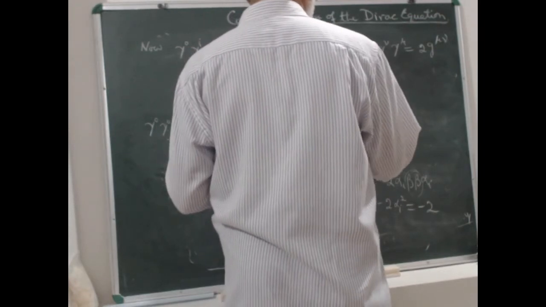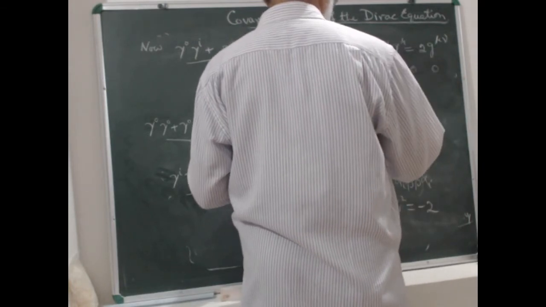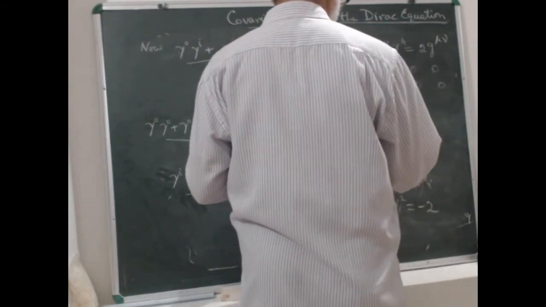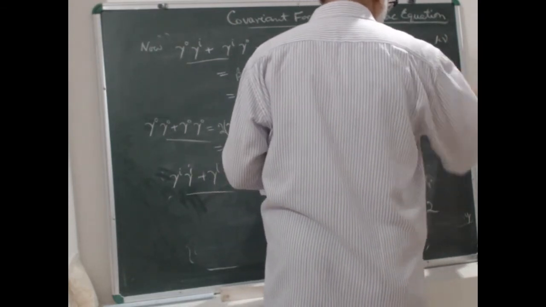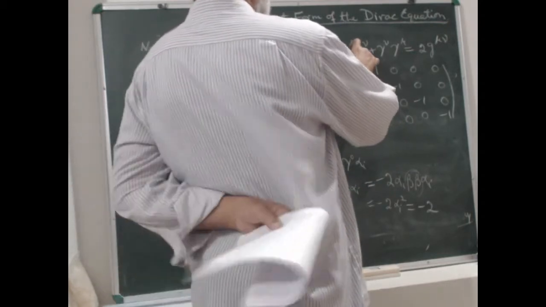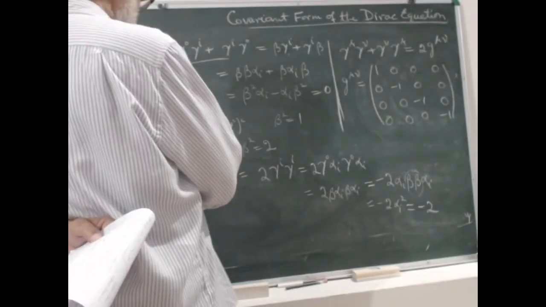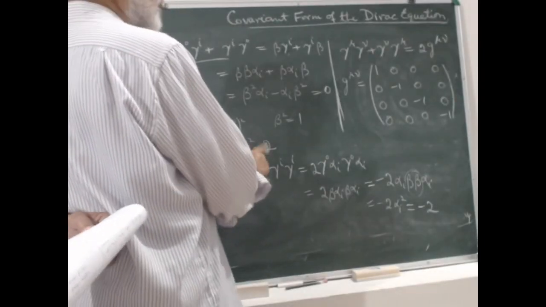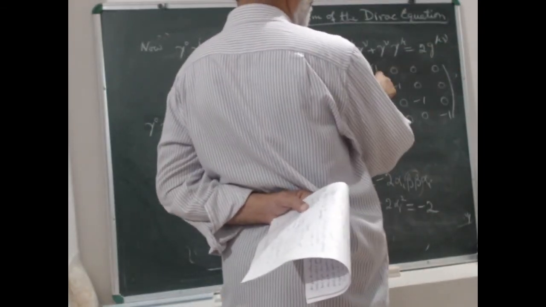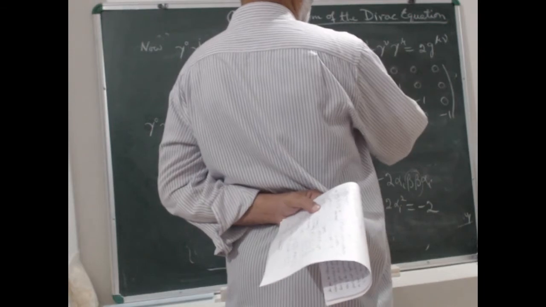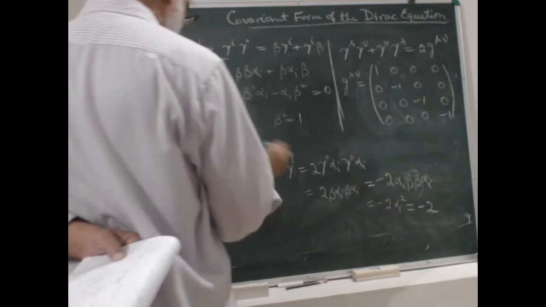G mu nu has components 1 0 0 0, 0 minus 1 0 0, 0 0 minus 1 0, 0 0 0 minus 1. So if you take mu as 0 and nu as 0, g 0 0 has a value 1, so gamma 0 plus gamma 0 is equal to 2. So this one is satisfied.